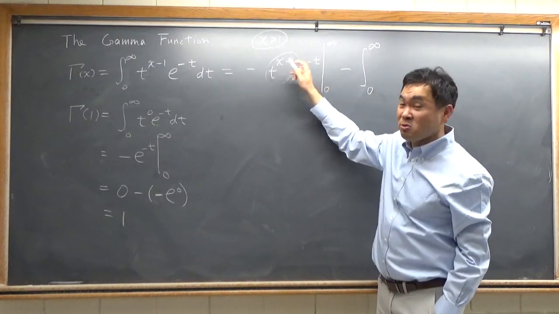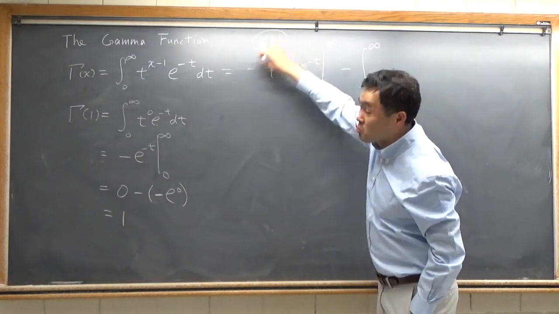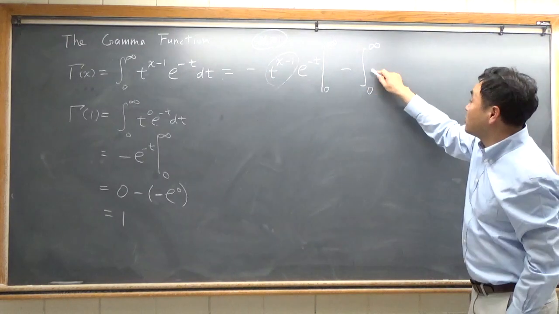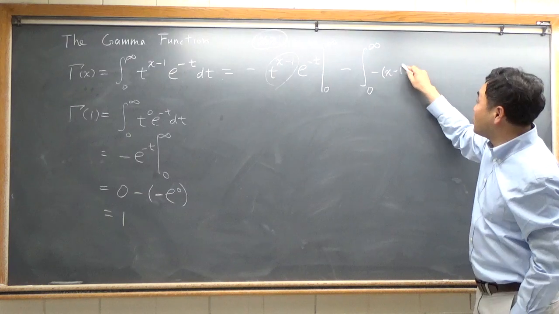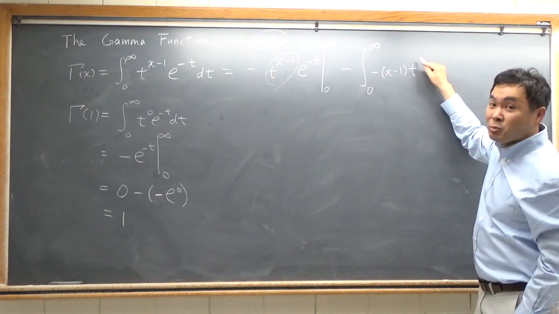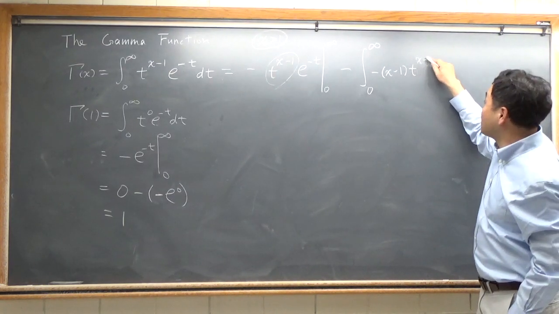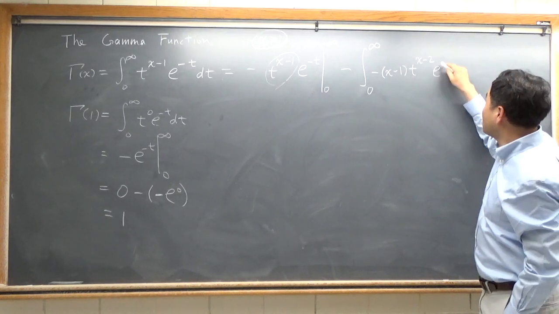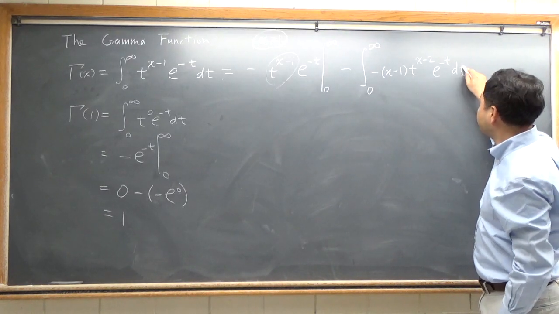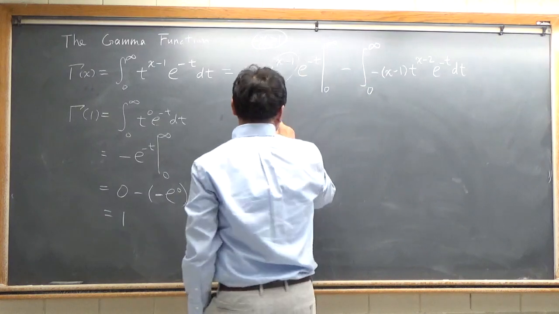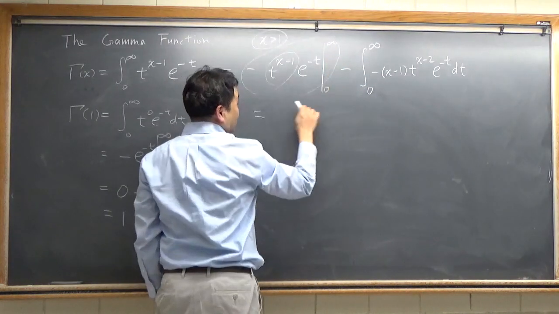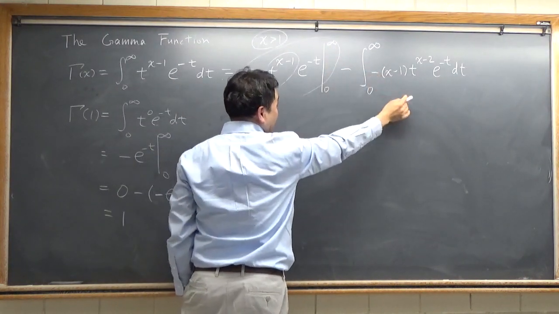So you differentiate using the power rule, which means x minus 1 will climb down. So it will be negative x minus 1. And then you subtract 1 off of this, it is x minus 2, e to the negative t dt. And then, as I said, this is just 0.